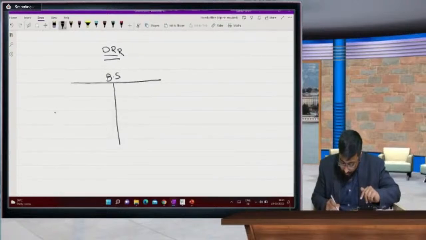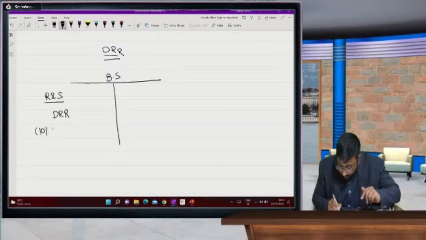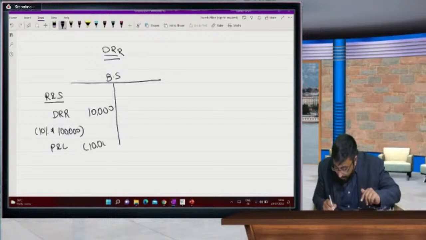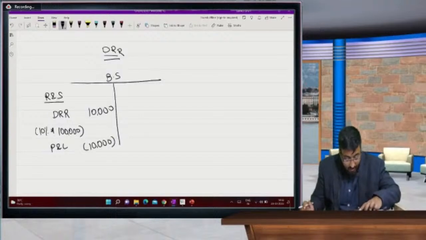DRR account. Under which head, beta? Reserves and surplus. Suppose in our example 10% of 1 lakh. So you will increase DRR account and you will decrease... One reserve is getting decreased and one reserve is getting increased.